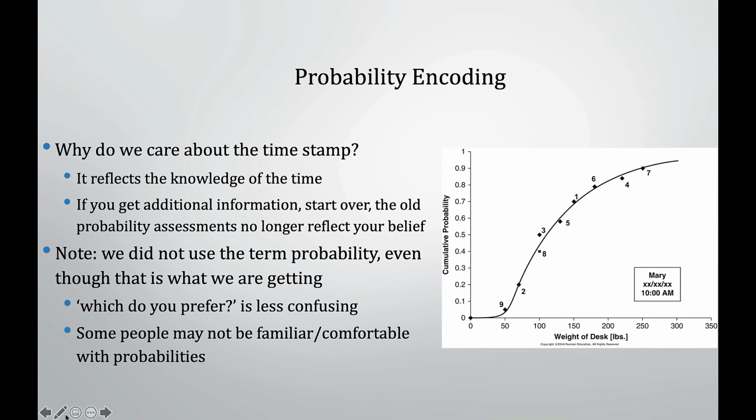Okay. So the probability is what we're getting, but we didn't really use the term probability when we think about it. We used the roulette to help us think between choosing two binary deals. The reason that we want the roulette to help us think about the probability is that the decision of which you prefer, the certificate or the roulette, is less confusing and an easier decision for you to make.